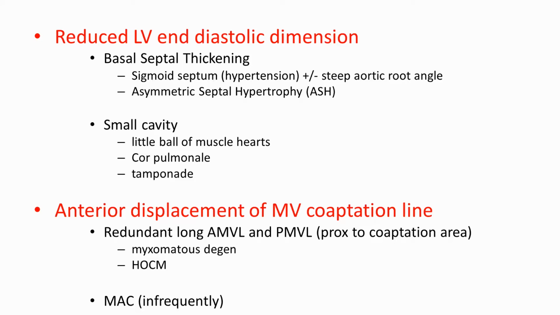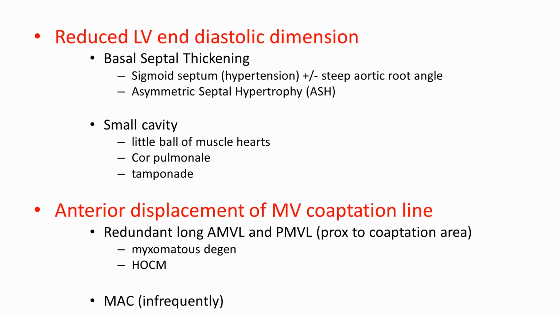The most common cause of that reduction in distance between the anterior mitral valve leaflet and the septum is thickening. And that could be, and I've got cases to show you a bit later on, of a sigmoid septum, plus or minus a steep aortic root angle, and asymmetric septal hypertrophy, which is classic of HOCM.